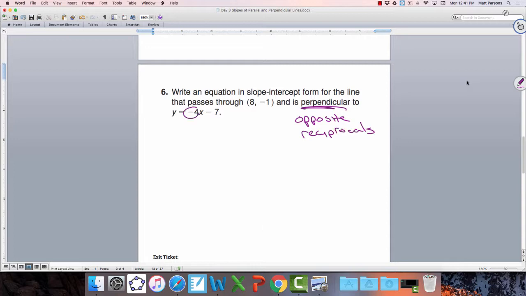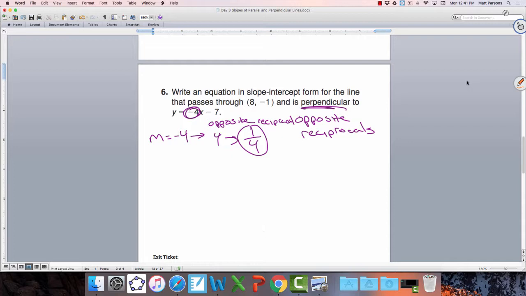So I'm going to take my negative 4 and I'm going to change it. First, opposite, I'm going to change it to 4, and then my reciprocal, I'm going to change that to 1 over 4. So that's the slope I'm going to use.